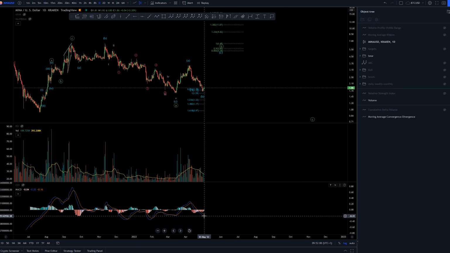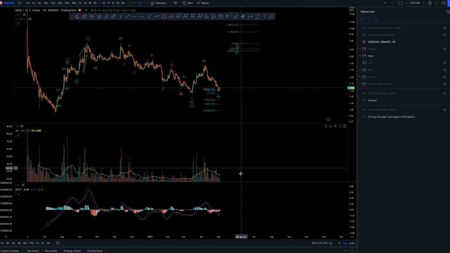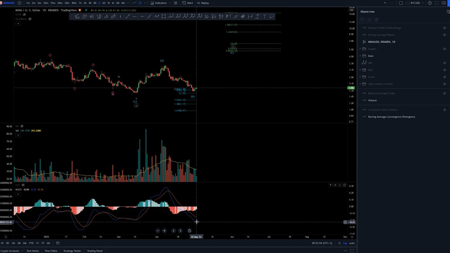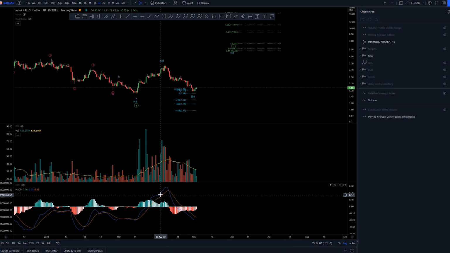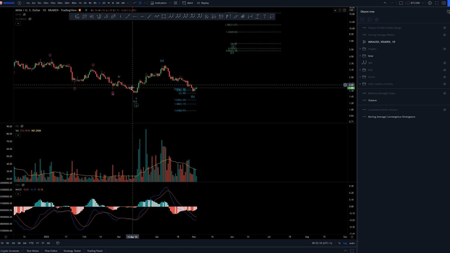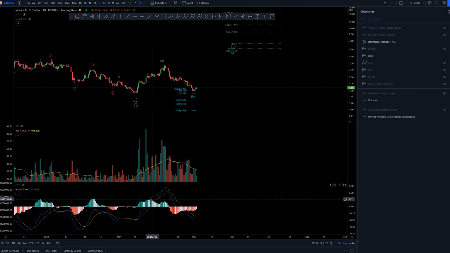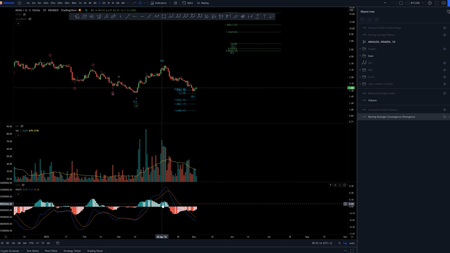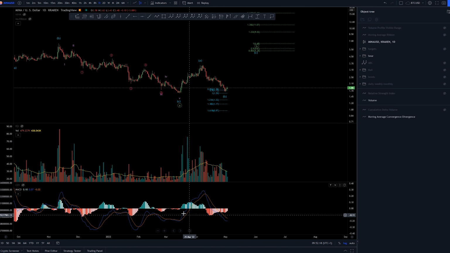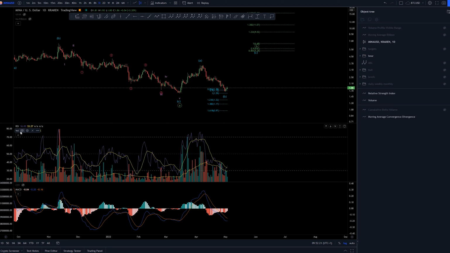On the one day, MACD hasn't crossed the signal line here yet, but it looks to be the case that it could be doing that soon. On this rise up here for the A wave or the 1 wave, we also saw a nice looking histogram for the MACD as well.